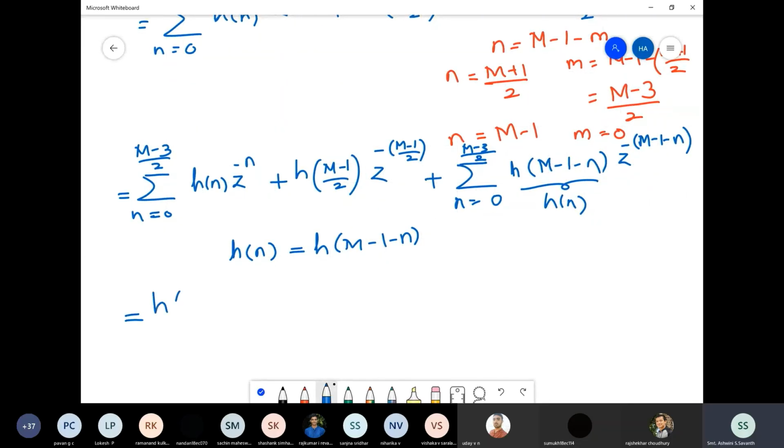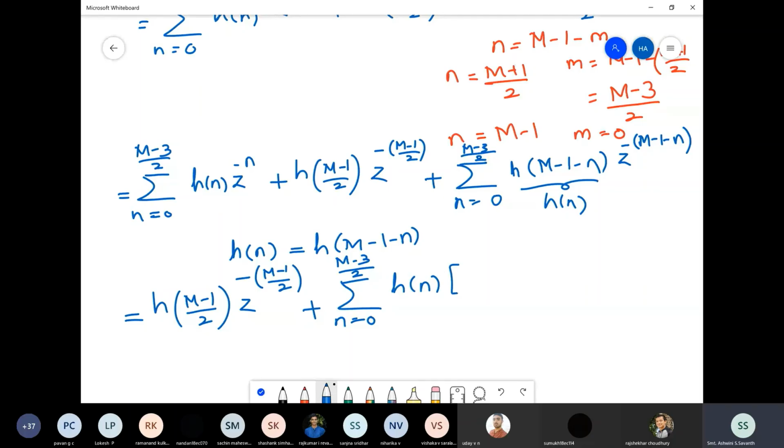So the center term, I'll just write it here like this, plus summation n equals 0 to m minus 3 by 2, h of n is common, z to the power minus n plus z to the power minus of m minus 1 minus n.